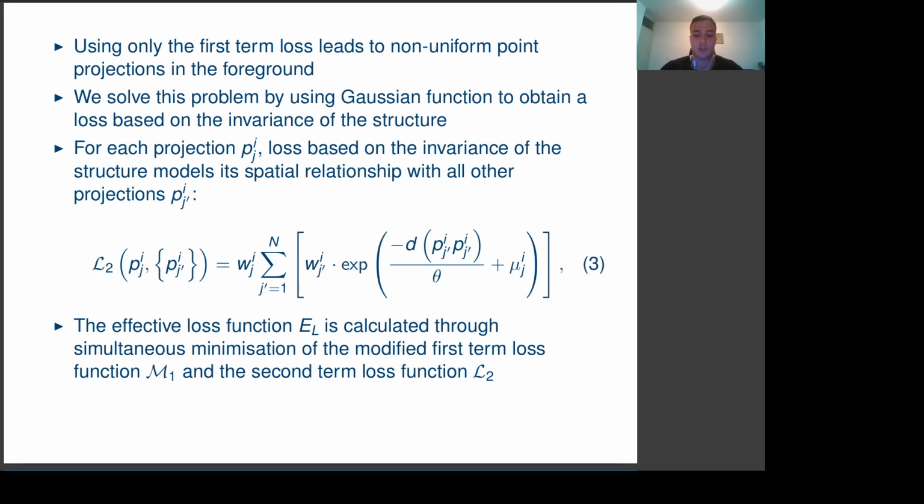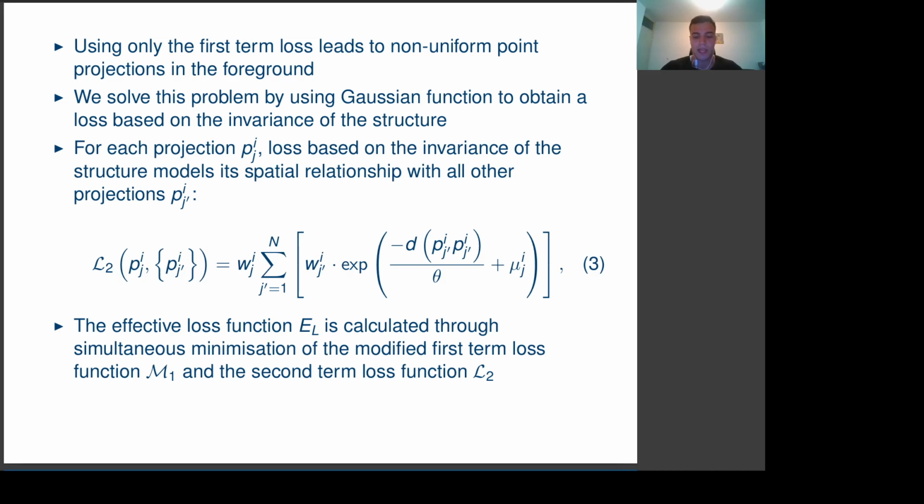Wij expresses to what level the projection Pij merges with the background. If that weight is set to 0, the invariance of the structure is completely removed, so the modified first term loss immediately forces Pij within the foreground. The decay or merge parameter controls the merge interval, so basically the intensity of the invariance of the structure of a given background 3D model, and the projection boundary bias μij for a certain projection Pij controls the distance to the foreground's boundary where the invariance of that projection reduces.